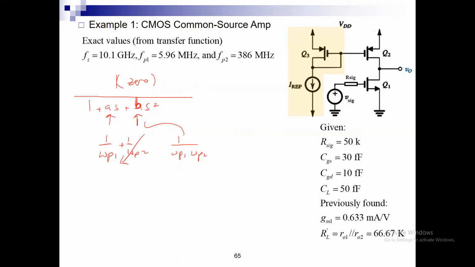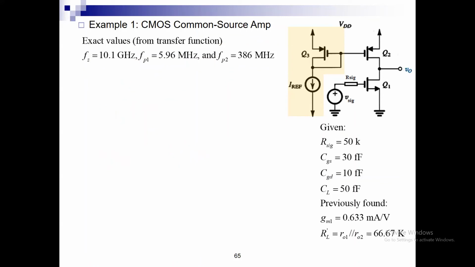We had a complex expression for them, and if we use this complex expression from A and B, derive 1 over omega P1, we will end up having FP1 and FP2. Look how large the second pole is compared to the first pole, and of course we have a zero that is very, very far.